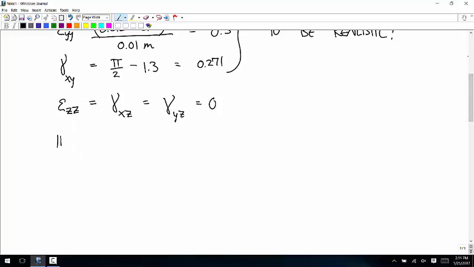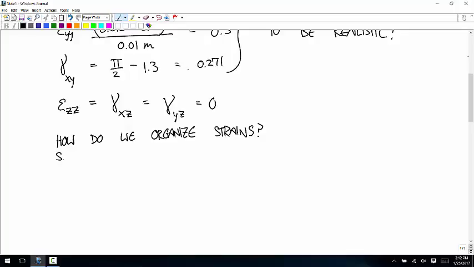All right. So how do we organize the strains? With stresses, we talked about the stress tensor. So we have these 6 independent stress values that are organized into this matrix.